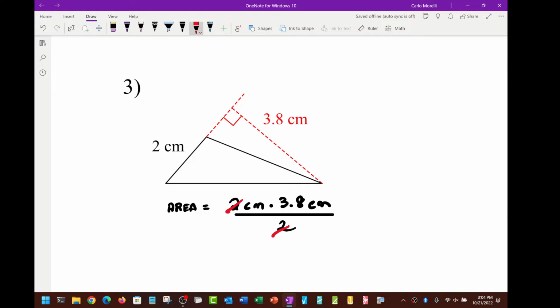We can cancel these out, and we end up with that centimeters squared illustrated very nicely there.